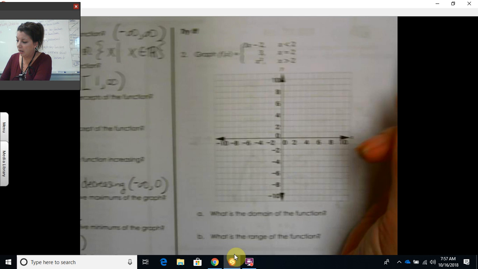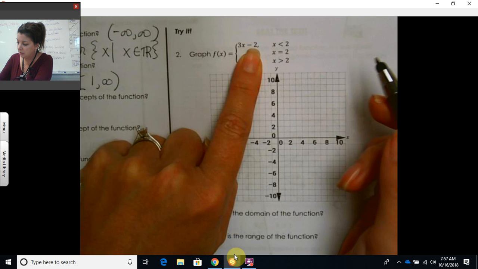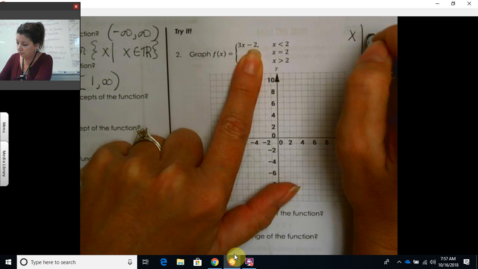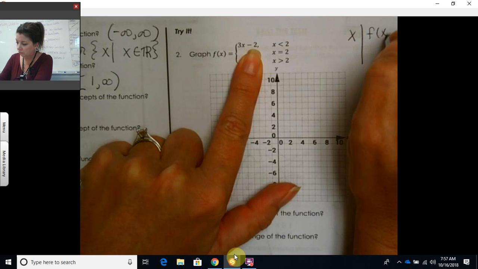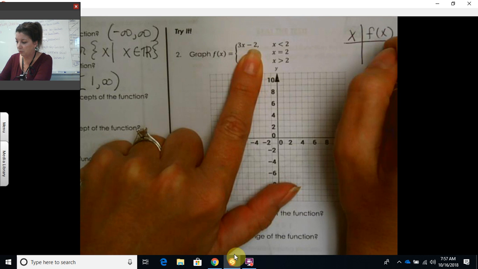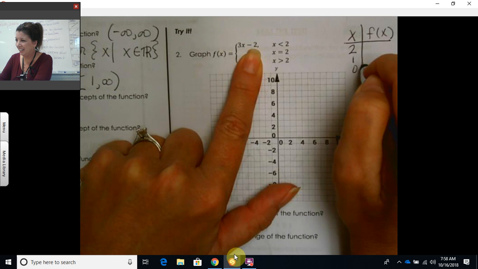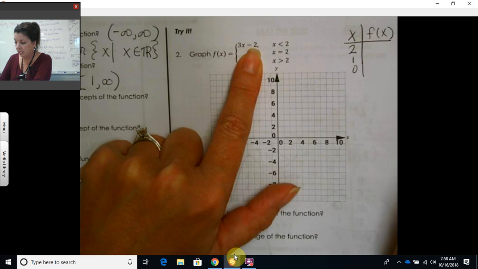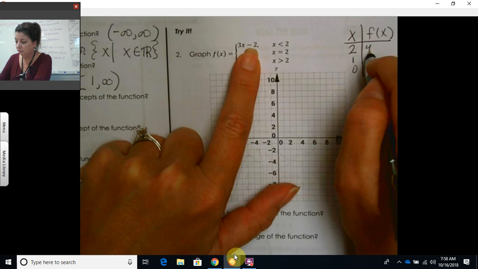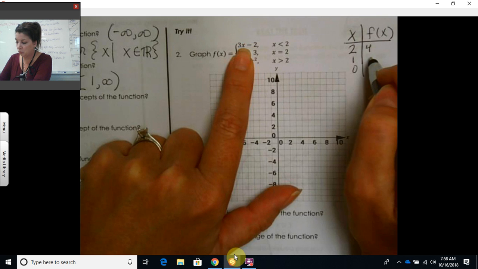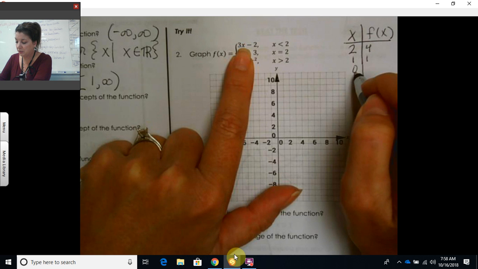So I'll start with the top piece, find values when x is less than 2. I'll start with 2, that'll be my starting point. And less than 2, it's a line, I only need 2 points, but gotta be extra sometimes. So 3 times 2 is 6, 6 minus 2 is 4. 3 times 1 is 3, 3 minus 2 is 1. 0, 3 times 0 is 0, 0 minus 2 is negative 2.